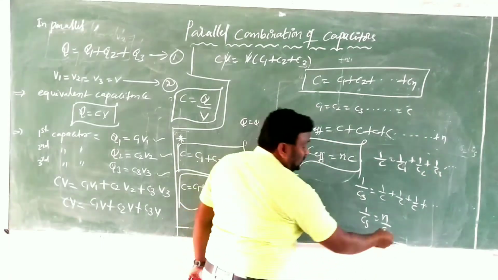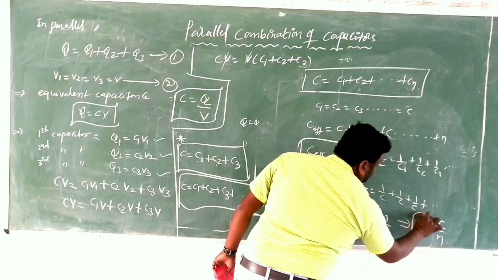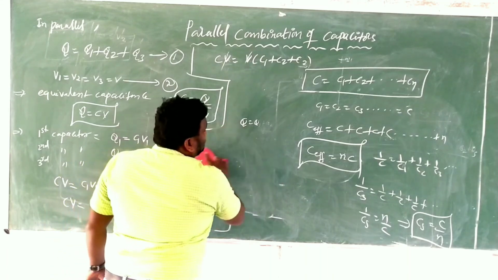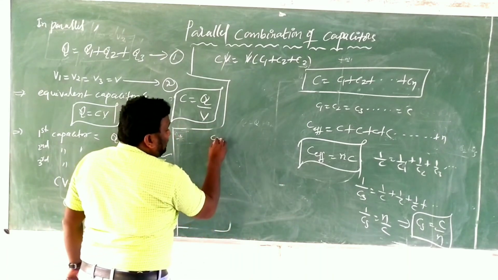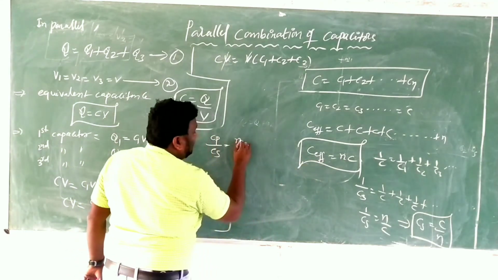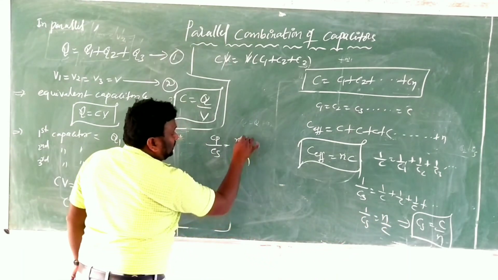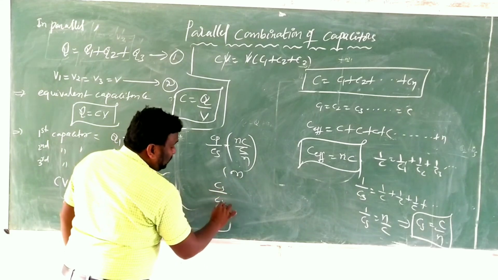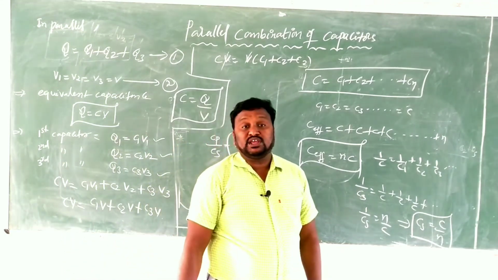N by C. From that what do you write? CS is equal to C by N. So what you have to find? Ratio. Here CP by CS. What is the CP value here? NC. And what is the CS value? C by N. Or like CS by CP also you have to write, depending upon the question.